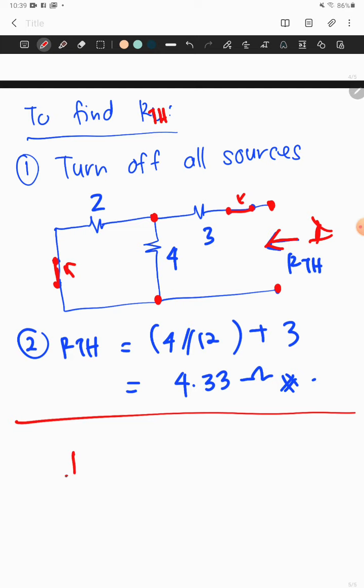The equivalent circuit that you need to draw is like this. Just put the values of RTH and also VTH that you already calculated in the pre-lab. Okay. So we go back to the lab sheet.